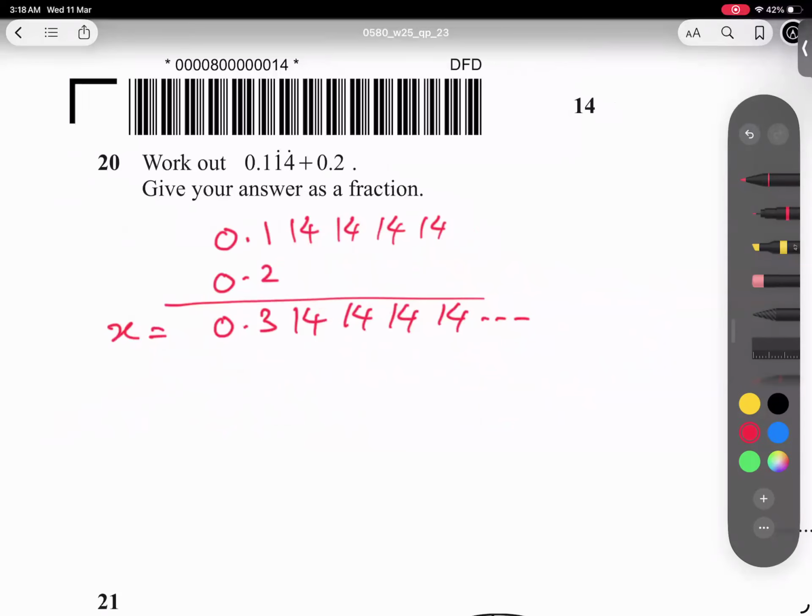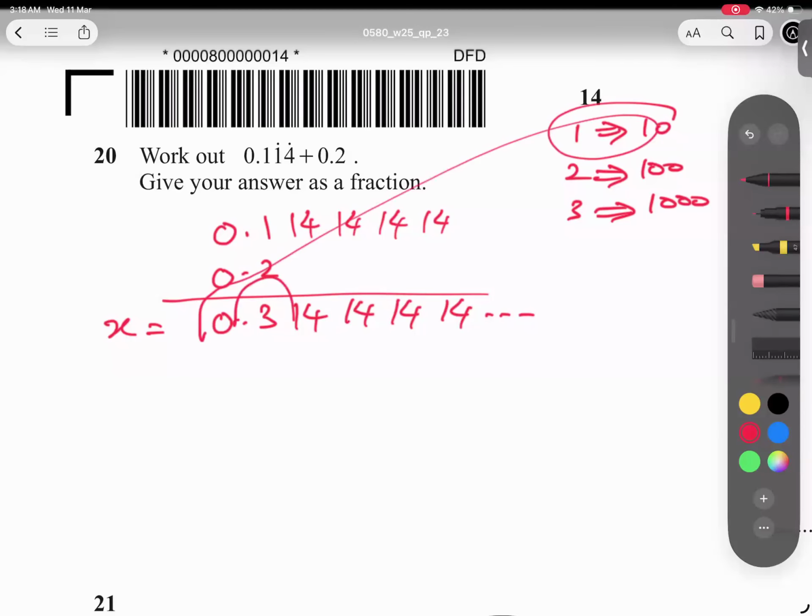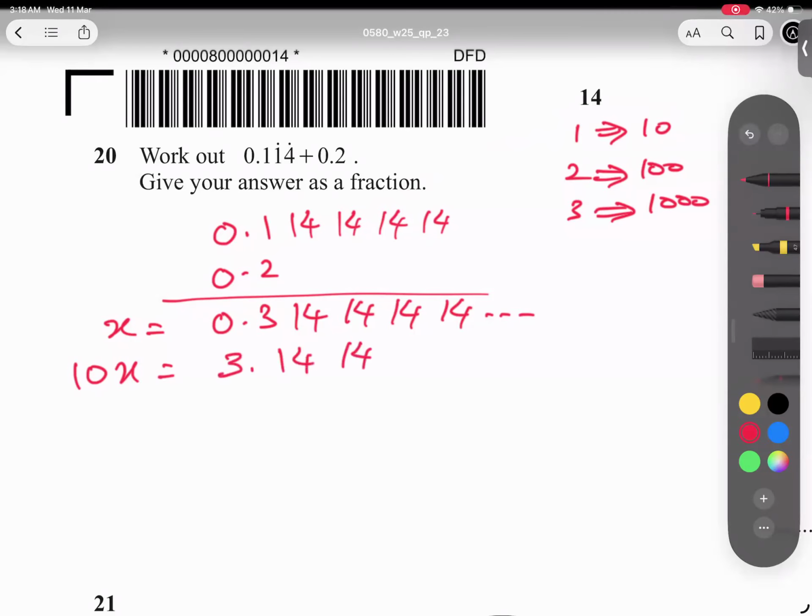I need this repeating group to remain the same. You should not split it. One decimal jump means multiply by 10, two jumps multiply by 100, three jumps multiply by 1,000. So one jump means 10x, and the decimal comes here. So I get 3.141414 and so on.